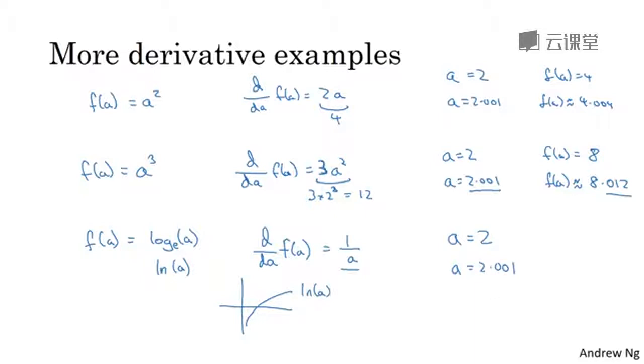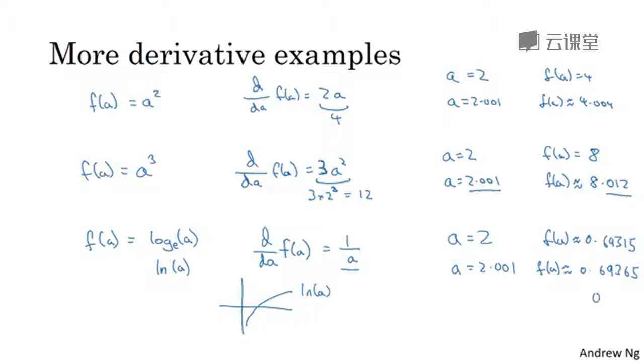So in fact, if you pull up a calculator, you find that if a is equal to 2, f of a is about 0.69315. And if you increase a to 2.001, then f of a is about 0.69365.